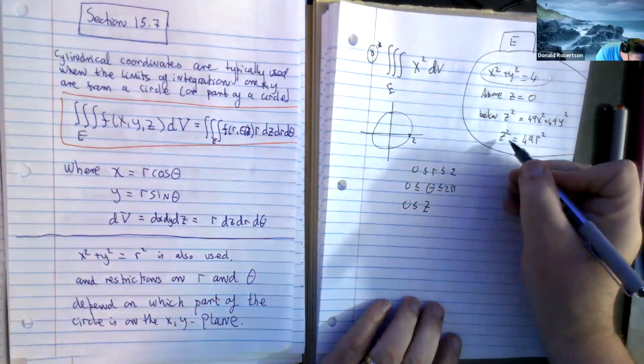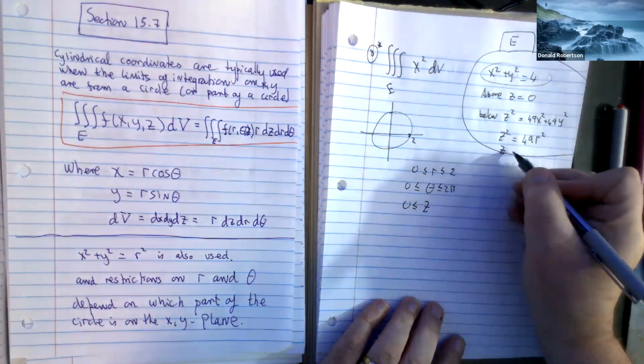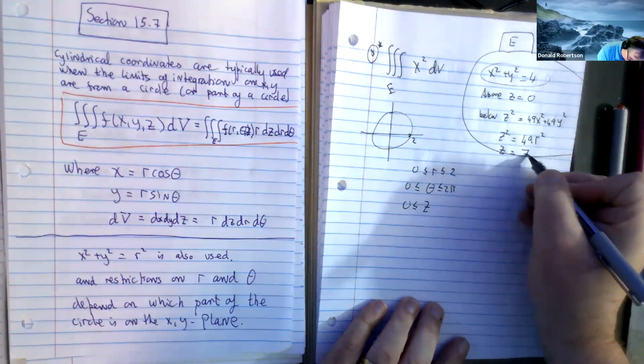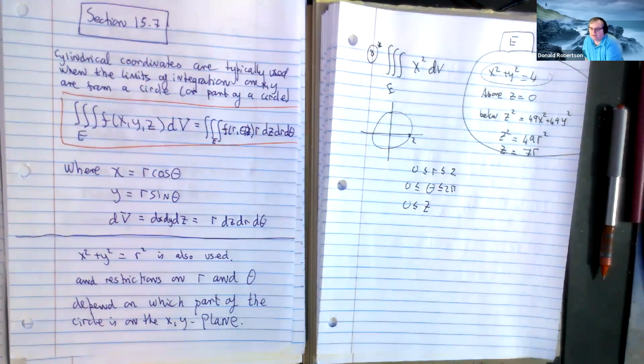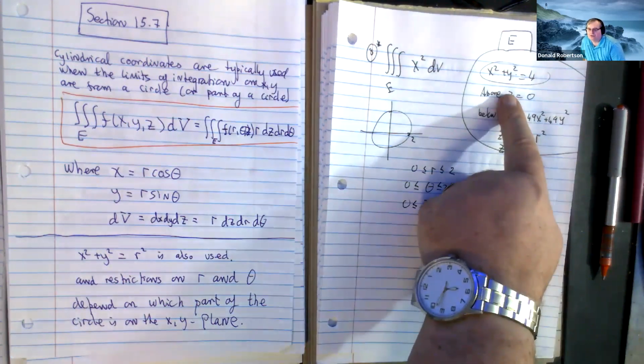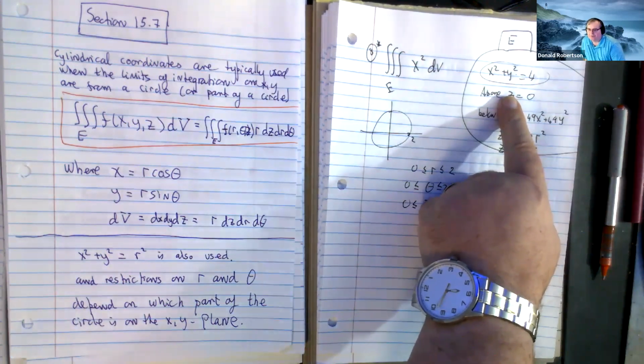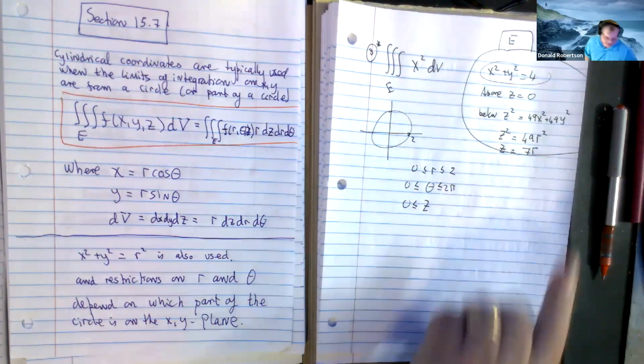But I don't want to know what z squared is, I want to know what z is. Now, technically speaking, I should be saying plus or minus 7r, but since I know that it's already positive because it's above this guy, I only need that guy.